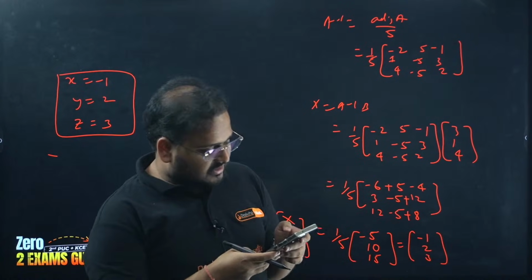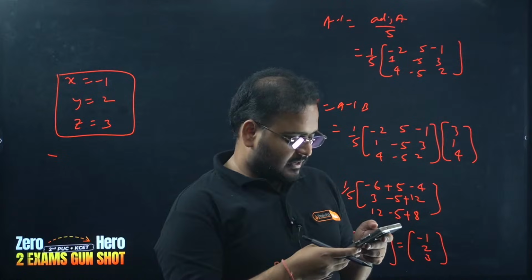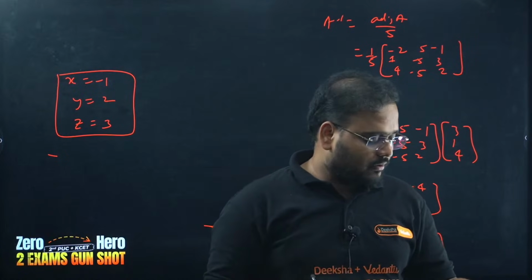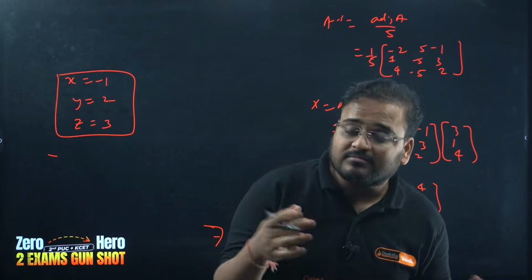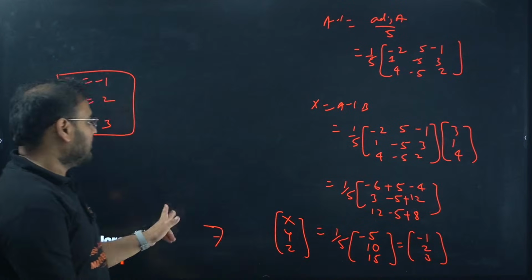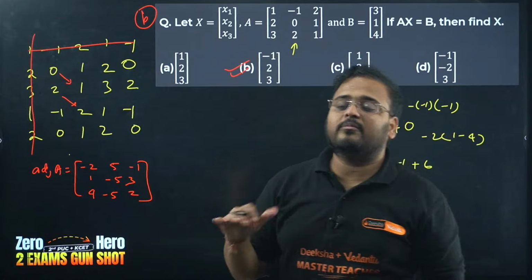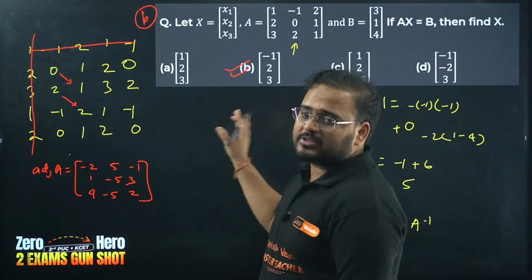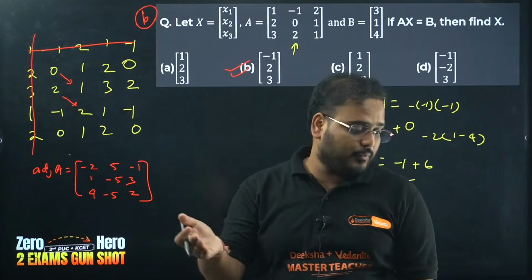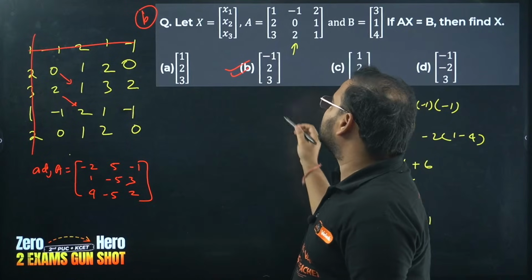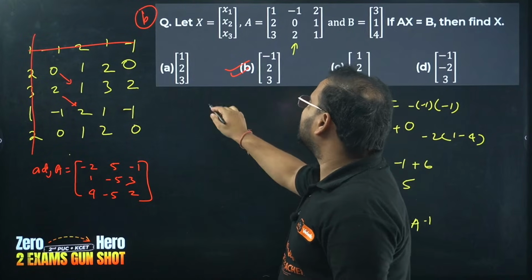For this question, if it is coming for your KCET examination, the whole problem will revolve around the determinant. Let me show you a PYQ like this. Usually they ask where everything revolves around the determinant.